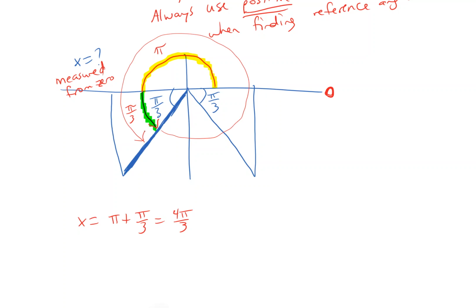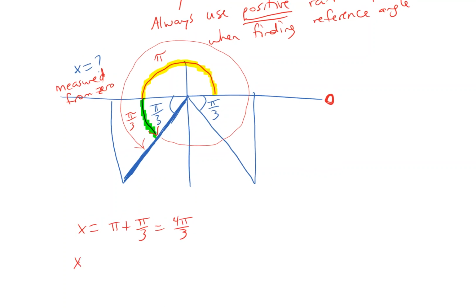Let's call this guy x sub 1 because that's the first x value. Looking at x sub 2, the one I've got drawn here, it would be my previous angle, 4 pi over 3, plus an entire rotation, which is 2 pi. I'm going to leave it like that so you can see what happens next.